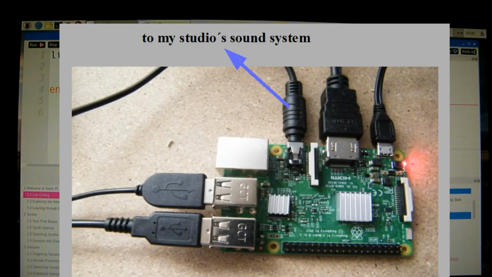What I'm going to do now, so that you can listen to what I'm doing, is connect the audio output jack of my Raspberry Pi to my sound system here and record it using my Zoom H5 recorder. The sound quality won't be very good, but perhaps not so bad.